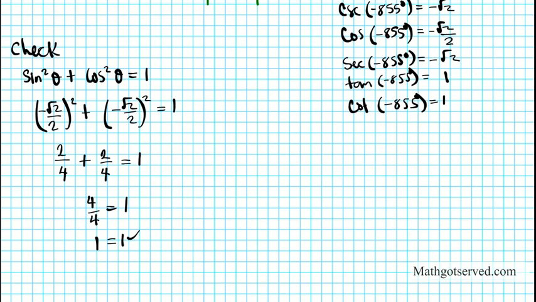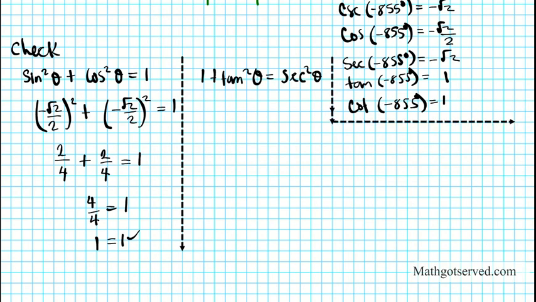Now let's go ahead and apply the next Pythagorean identity to check the next pair of results we got. The identity I'm going to apply right now is 1 plus tan squared theta. Is it equal to secant squared theta? Okay, that was a question. Let me partition the workspace here so we do not get confused. Okay, so let's do it.